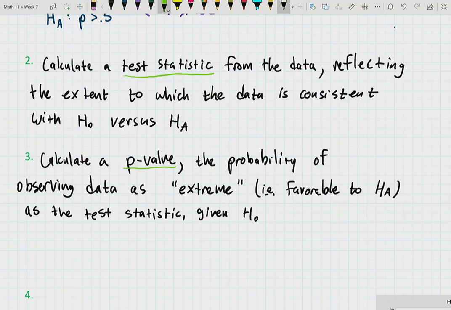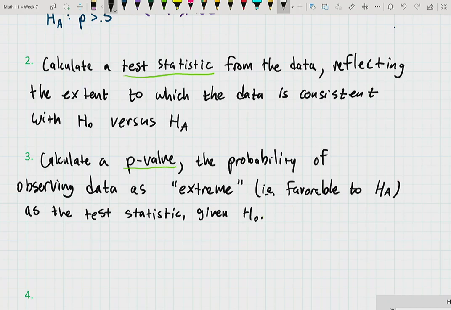P-values are kind of tricky, but they are important. When you have some sample and you get a sample proportion, obviously the sample proportion is not going to exactly equal the population proportion. But whatever we do get for the sample proportion, we want to ask the question, how likely was it that we should get such an extreme value given the null hypothesis?